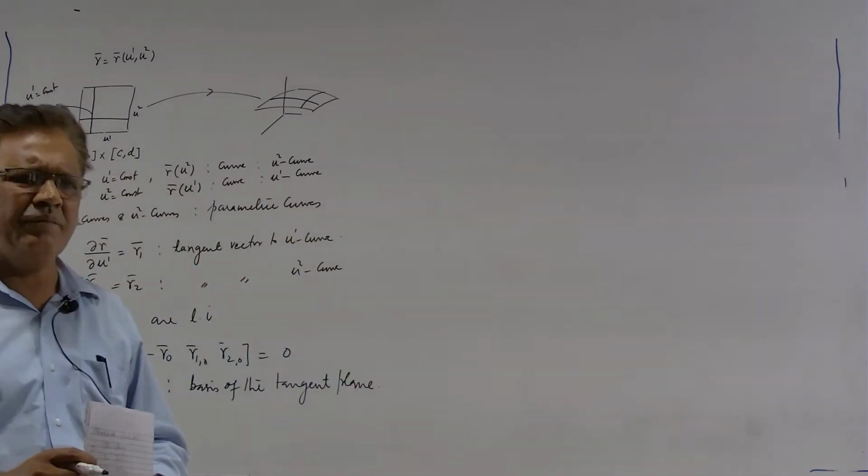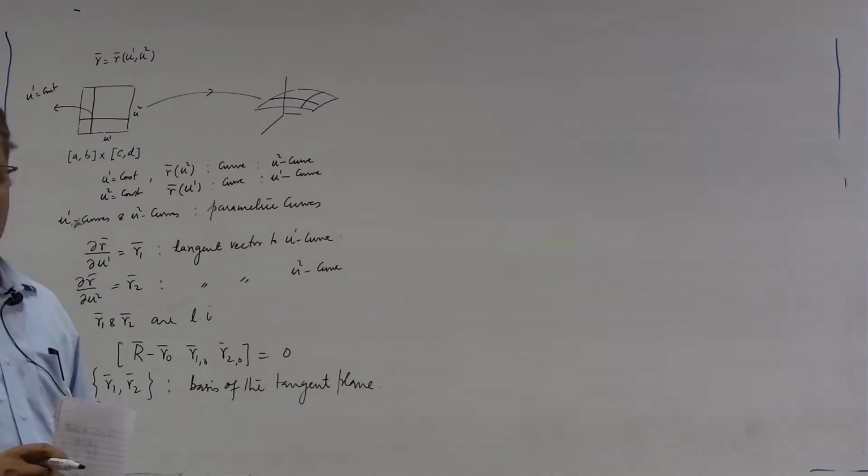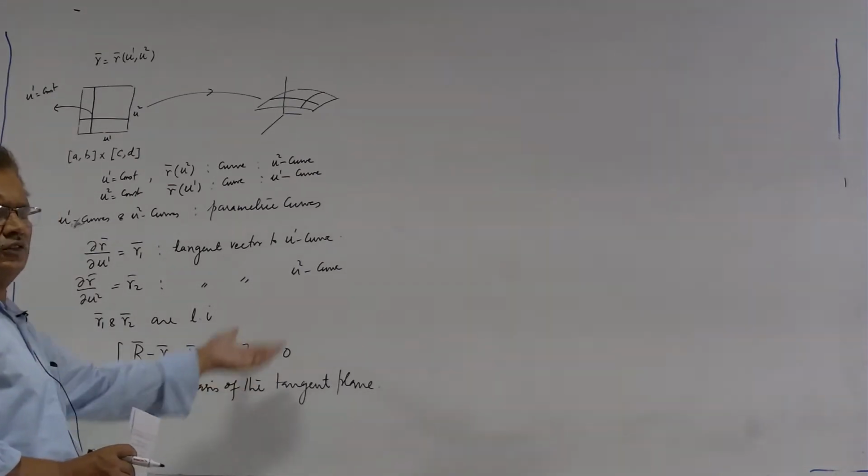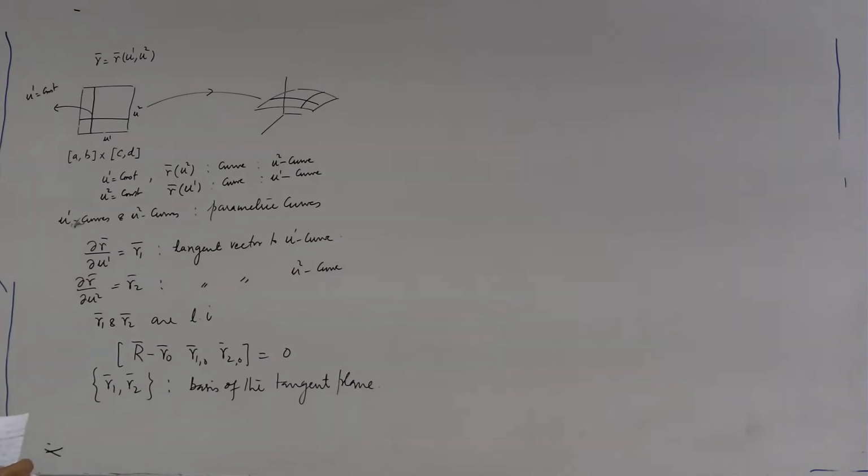Yes, every plane is a vector space. So, this plane is also a vector space whose basis is r1 and r2. Whatever point you have chosen, P0 or some other point, whatever you like. So, this is the whole thing.